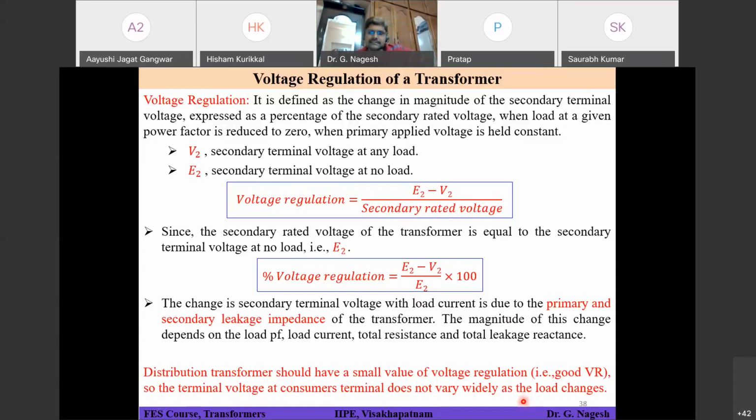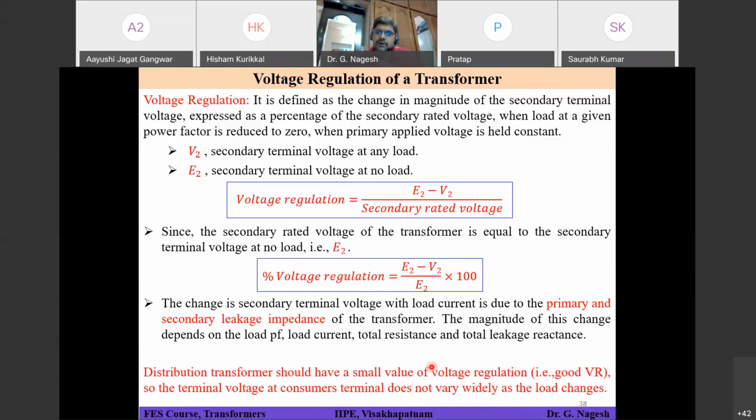A distribution transformer is the one you are going to see in your locality. A distribution transformer should have a small value of voltage regulation. That means this numerator should be as small as possible.